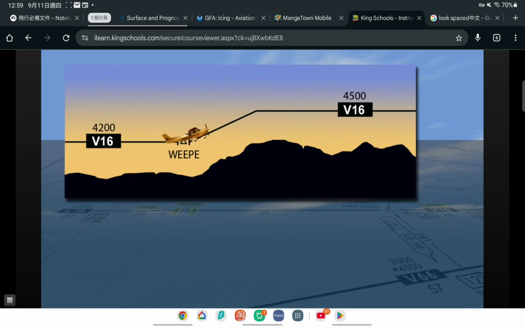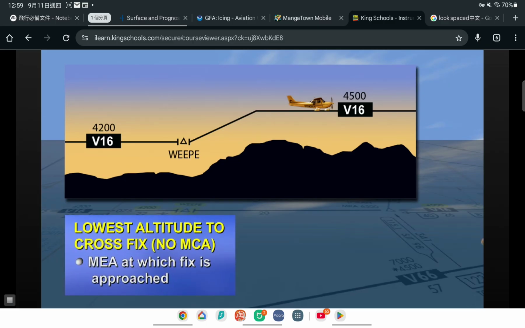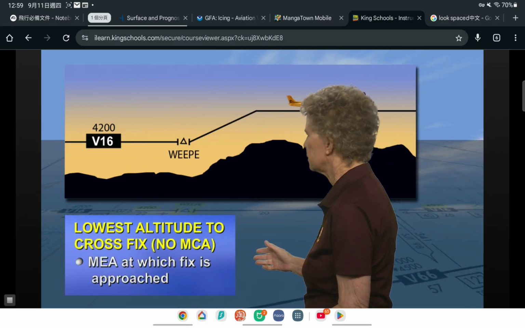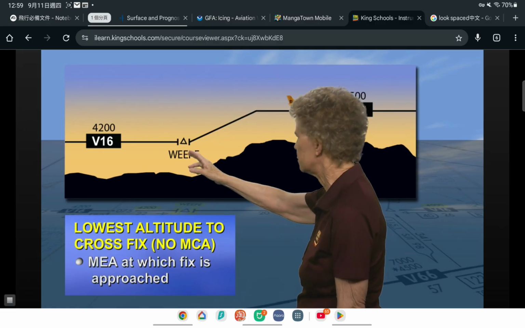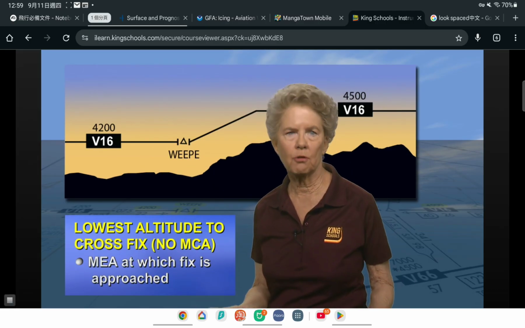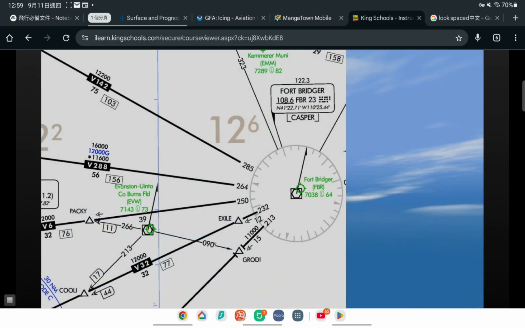The lowest altitude for crossing a fix beyond which the airway has a higher minimum altitude is the minimum en route altitude at which you approach the fix, providing they don't specify any minimum crossing altitude.